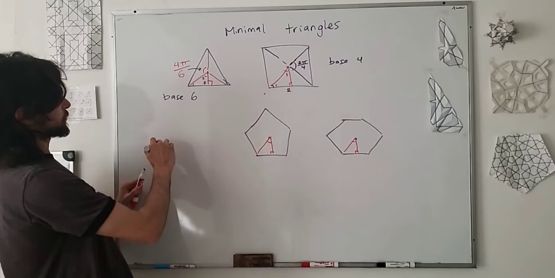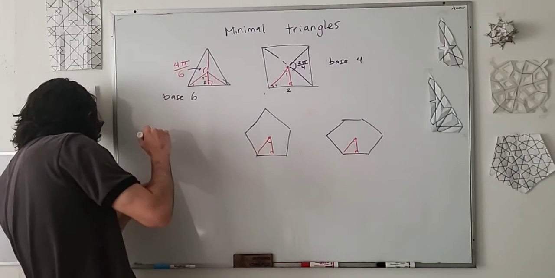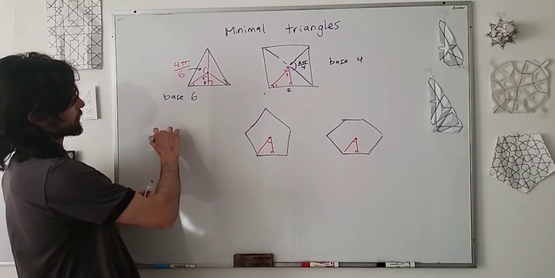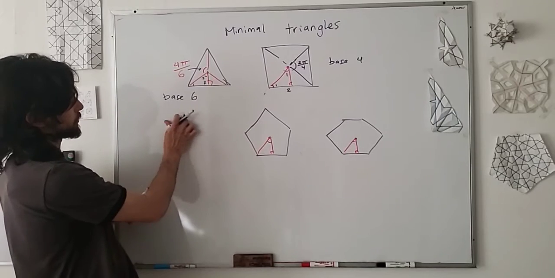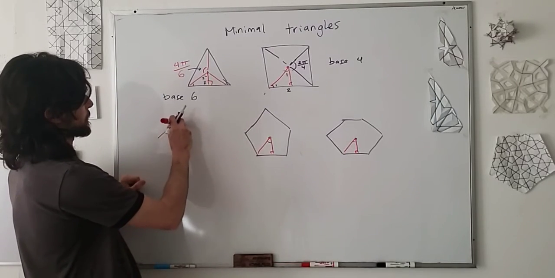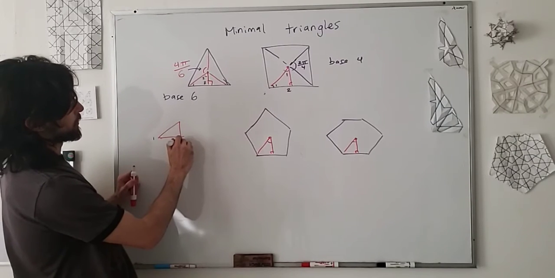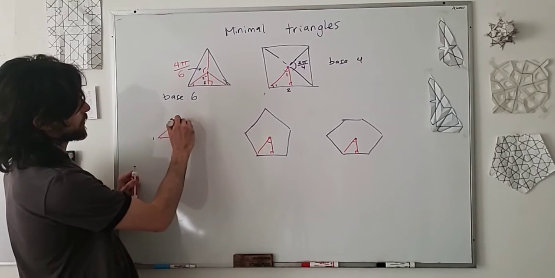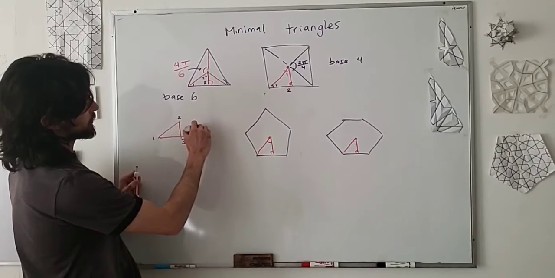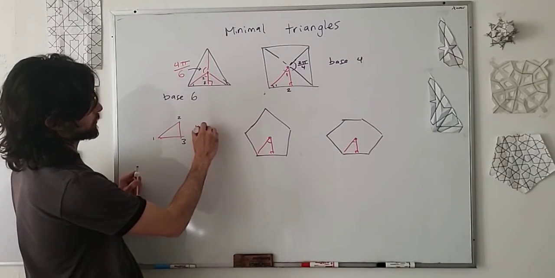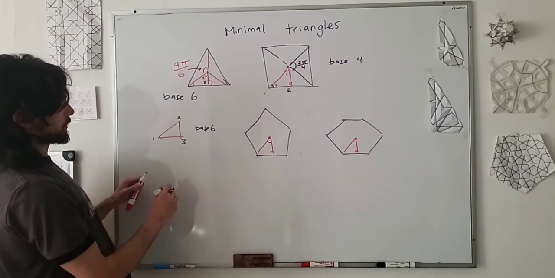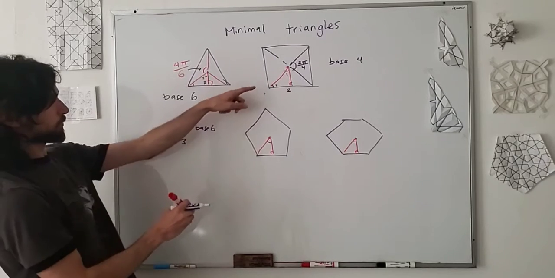So I'm going to do a little list here of the triangles that we've extracted so far. We have this triangle, that's a 1, a 3, and a 2, and this is in base 6. So I'm going to write base 6. Next we have the one from the square.